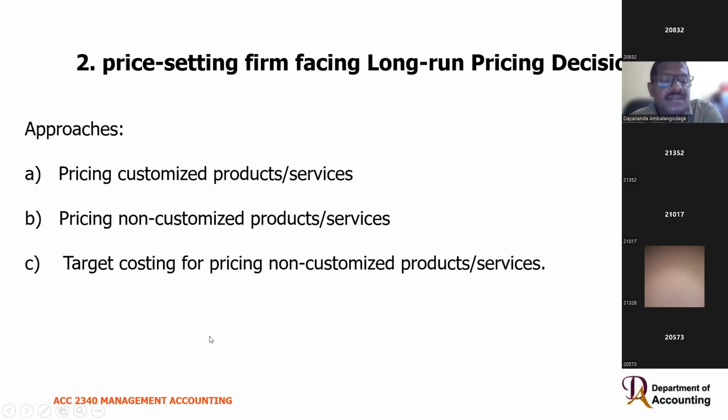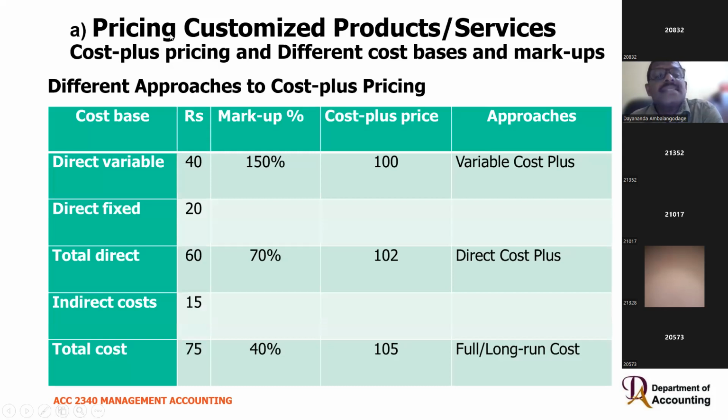So these are the three scenarios we are going to discuss under price setting firms. First one, pricing customized product services. You have to remember we are discussing the price setting perspective, cost information. Cost plus pricing is very simple.